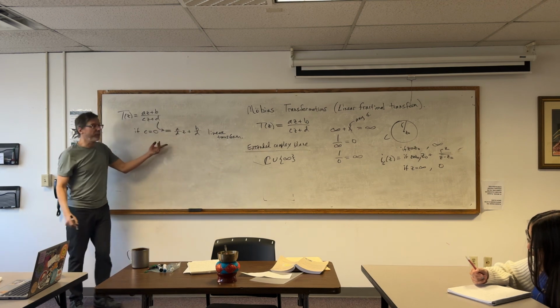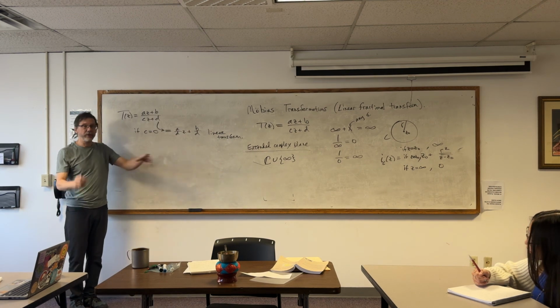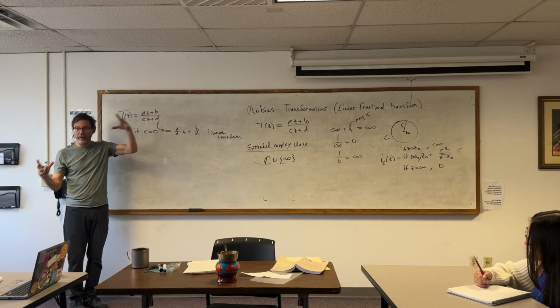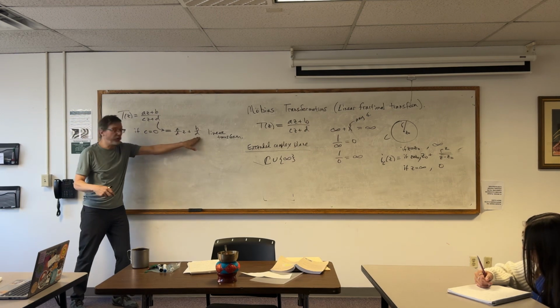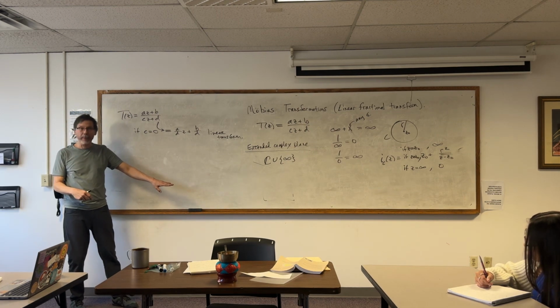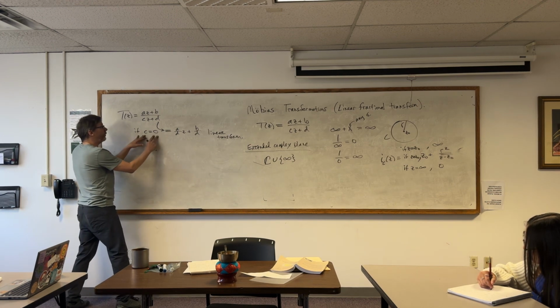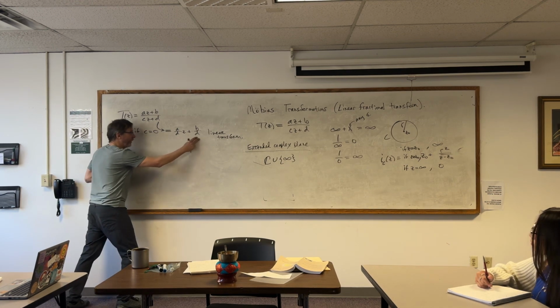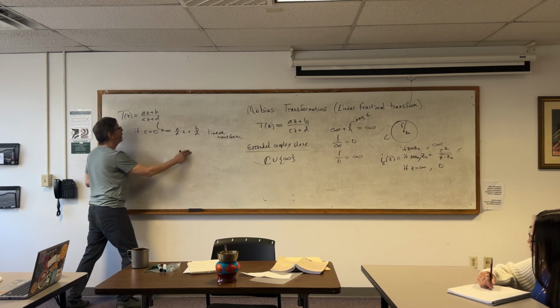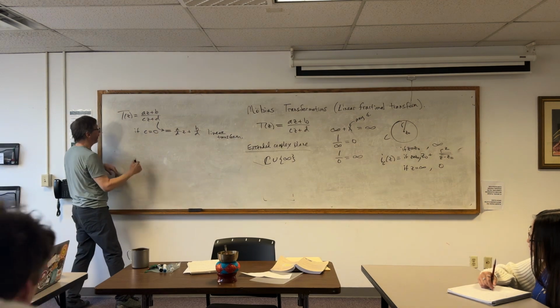A linear transformation involves scaling, rotation, and translation. So if C equals 0, we know about this. We spend a lot of time with this transform. If C is not 0, then we got some fun stuff going on.